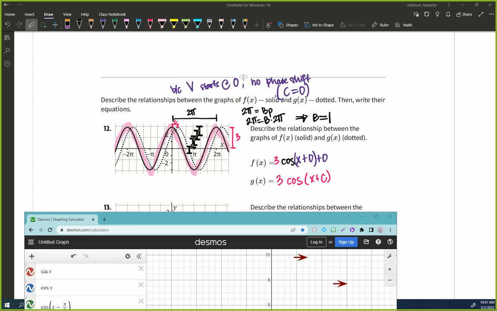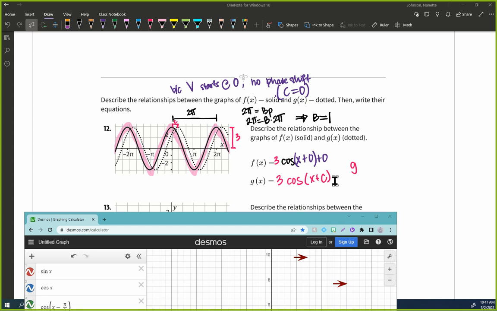I can't be exact because I don't think they wanted you to know the exact number. So if I was going to describe the relationship, g of x is shifted to the right c units.